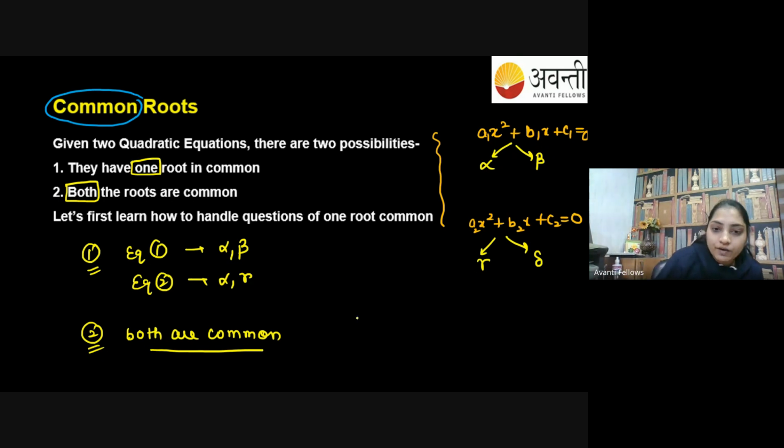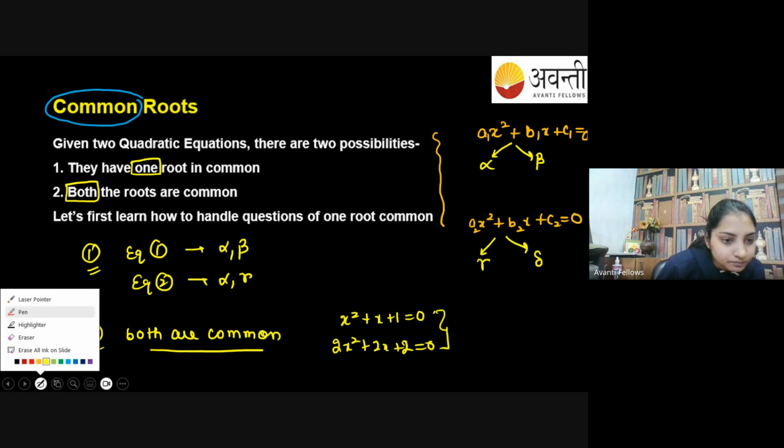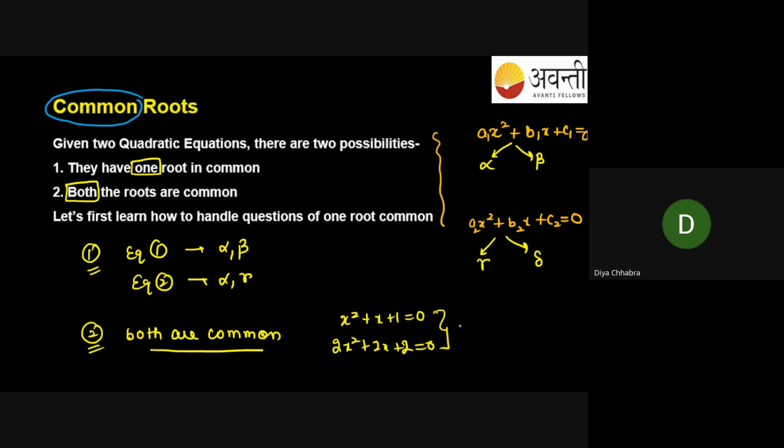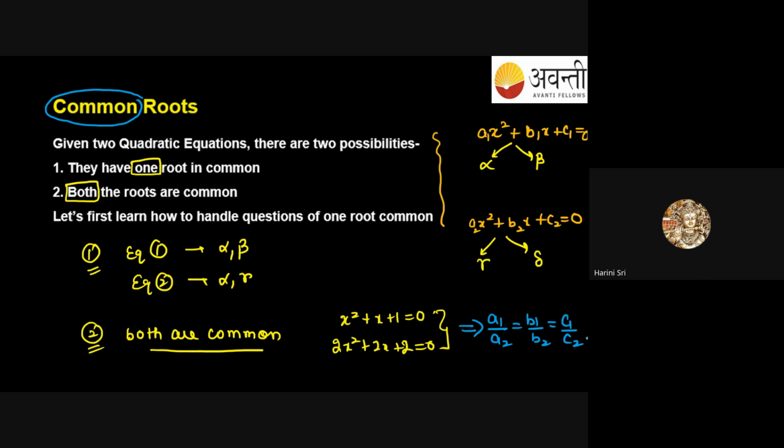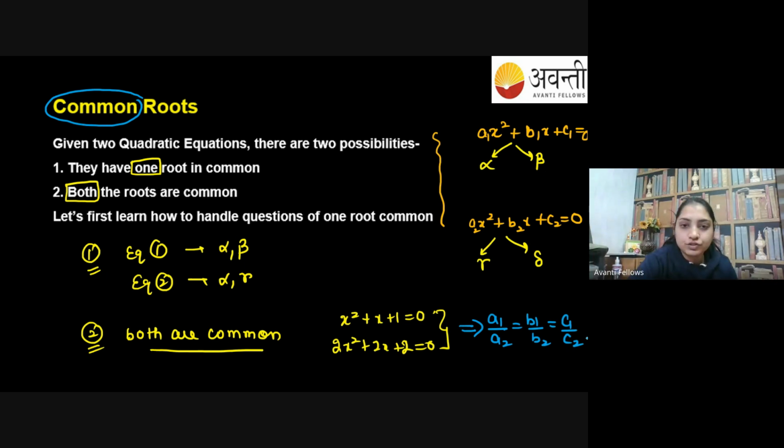If one equation is x square plus x plus 1 equals 0, then the other must be 2x square plus 2x plus 1 equals 0, so they have the same roots. So in this case, a1 upon a2 equals b1 upon b2 equals c1 upon c2. Agree? Anyone having any confusion?